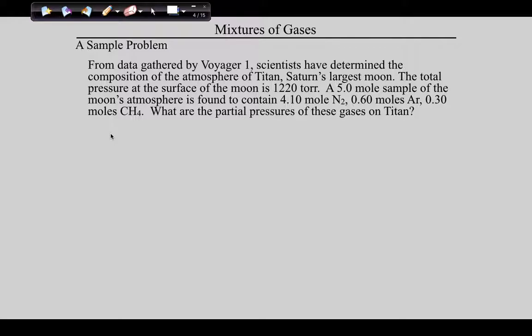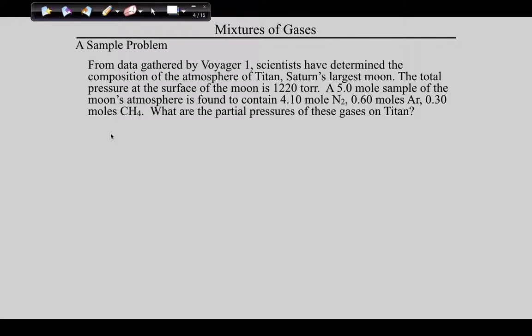Almost twice. Then it goes on to say if we took a 5 mole sample of this atmosphere, and they actually did this, they found that around 4 of those 5 moles is nitrogen, 0.6 of those moles is argon, and then 0.3 of those moles is CH4. What are the partial pressures of these gases?